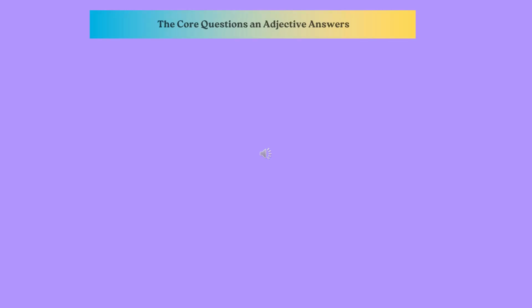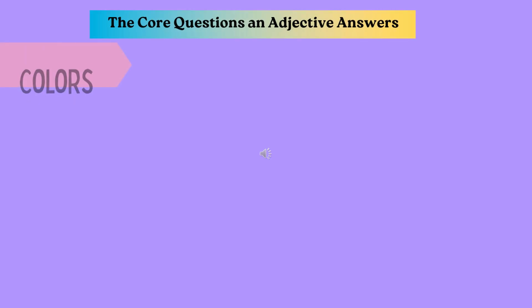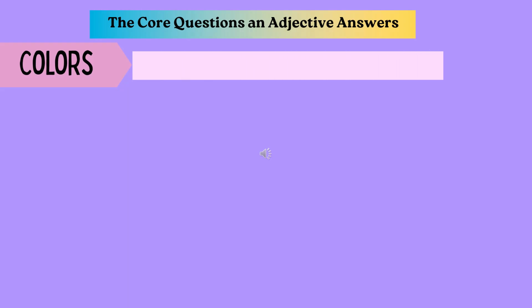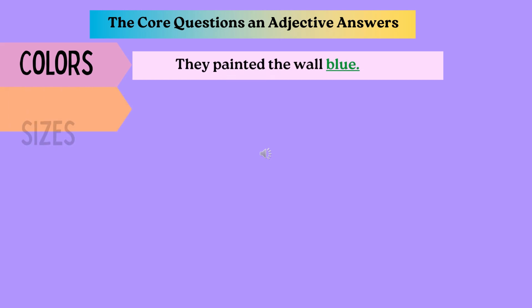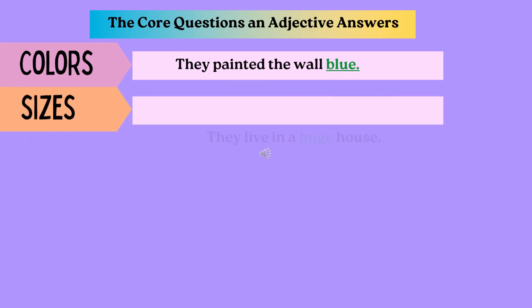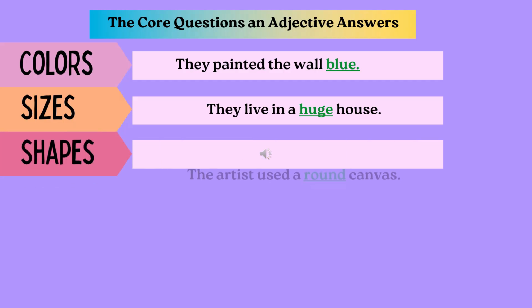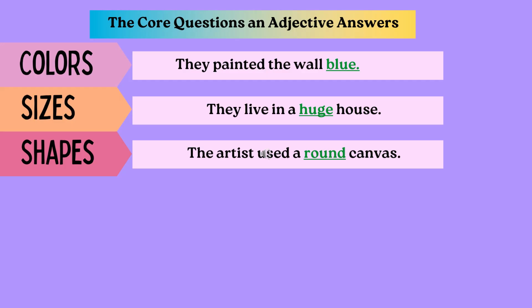Adjectives are powerful because they answer specific core questions about a noun. Let's see how this works with our examples. They painted the wall blue. What color? Blue. They live in a huge house. What size? Huge. The artist used a round canvas. What shape?